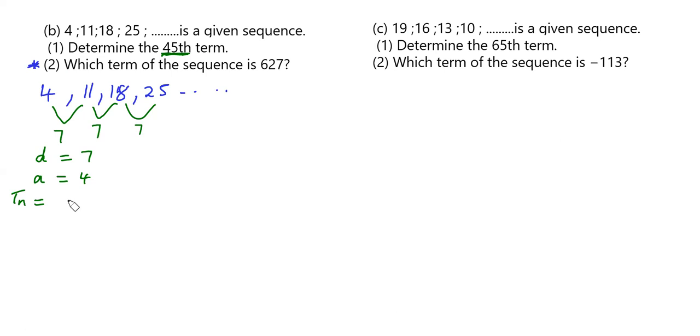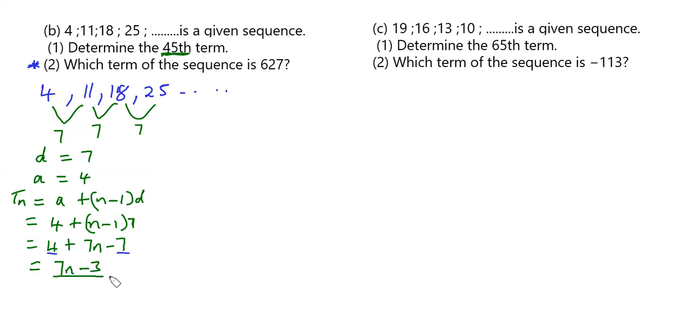So Tn is going to be A plus (n minus 1) D. Our A is 4 plus (n minus 1), and our D is 7. So we take the 7 in, it's going to be 7n minus 7. 4 minus 7, remember the like terms, we get negative 3. So it's going to be 7n minus 3. That's the general term there.